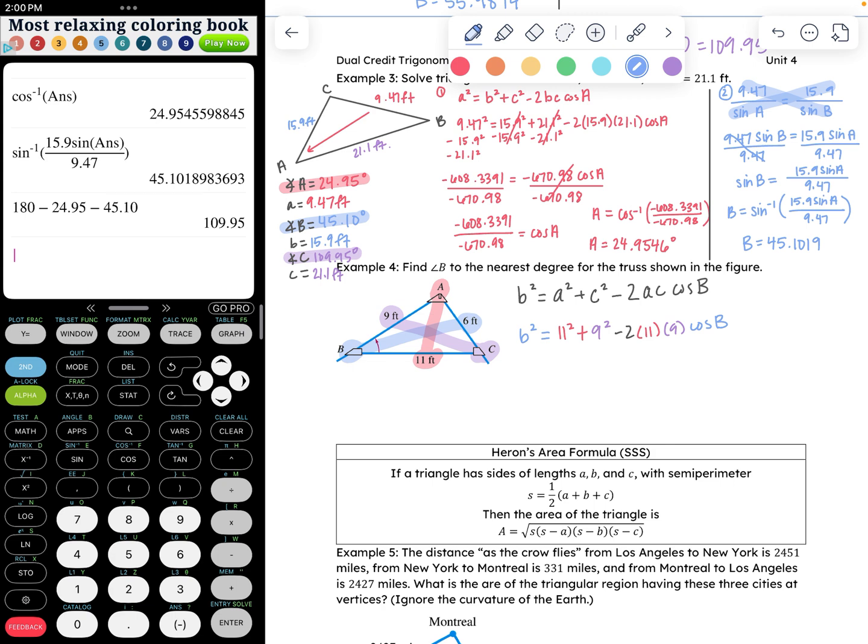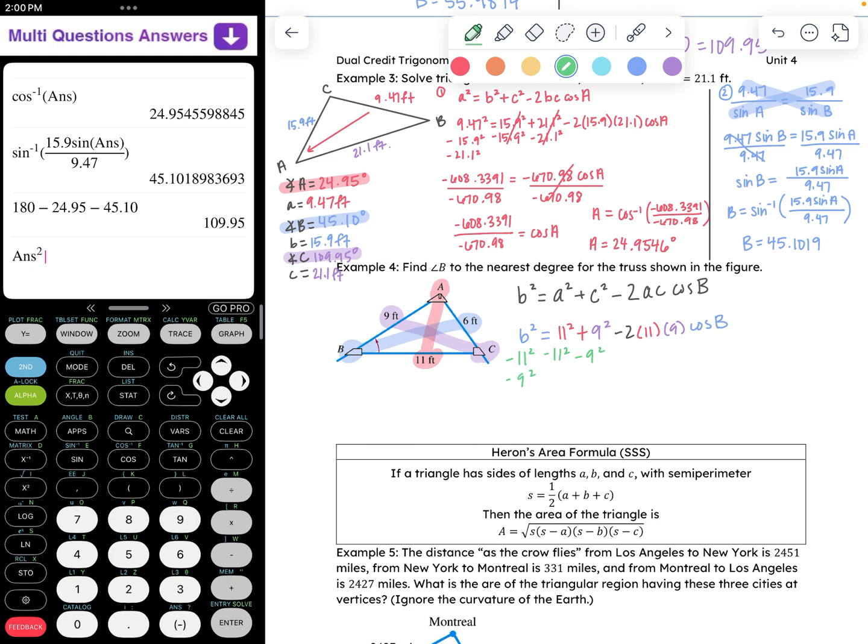So 6 squared is 36. I can go ahead and just subtract everything over though, because I am just going to use my calculator for some of this. So let's subtract 11 squared, subtract 9 squared. So remember 11 squared is 121, 9 squared is 81.